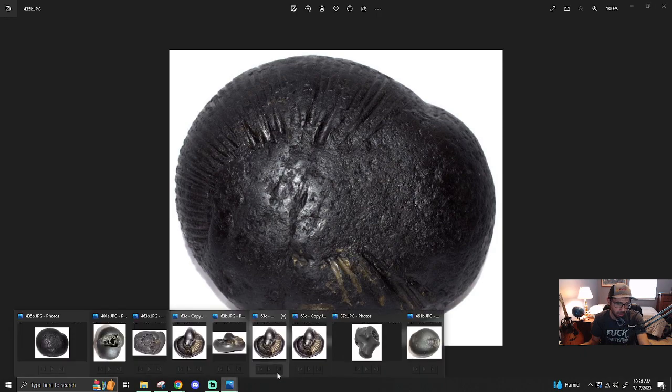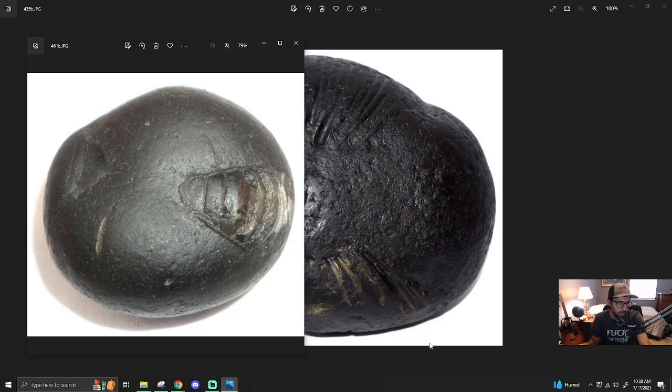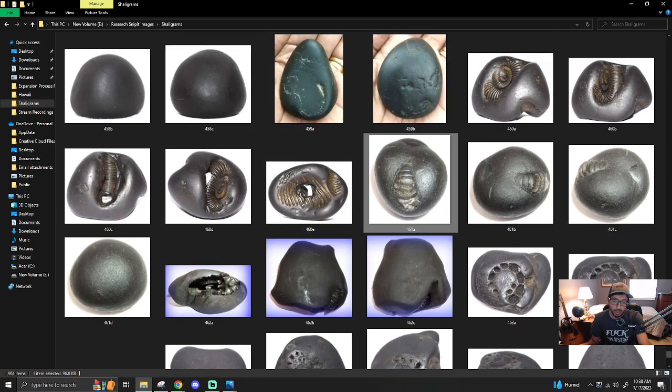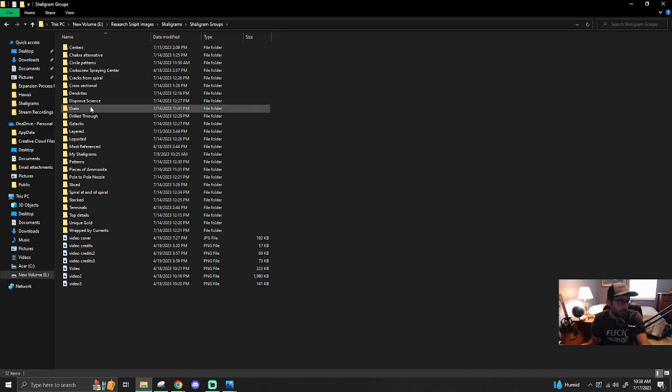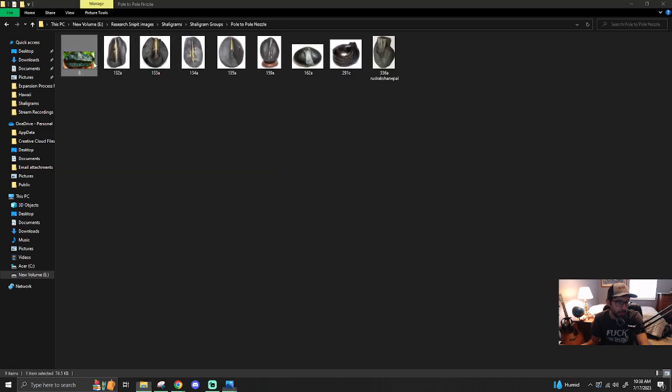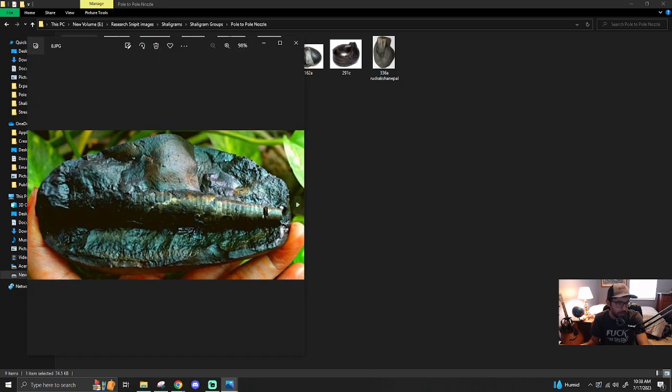In this case, it's forming discs. Let's pull up some other shellograms. Kind of like these discs. In that one, it goes wide, narrow, wide.